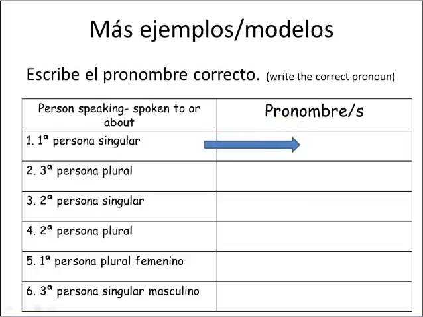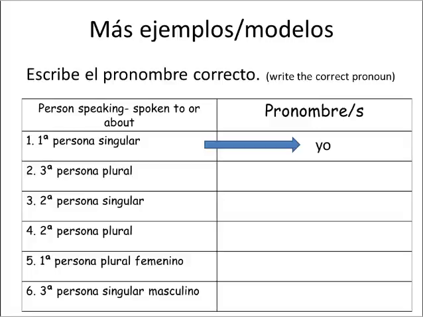Well, it's going to have to be yo, the person who is talking, the person who is initiating the conversation, first person singular. If we're talking in número dos about third person plural, this is going to be talking about someone else. So I may be having a conversation between I and you, and we may be talking about he or she.